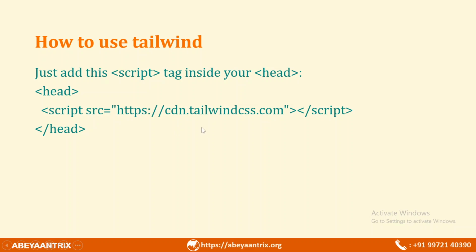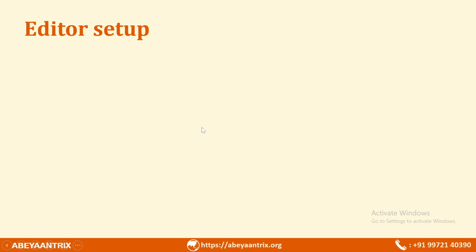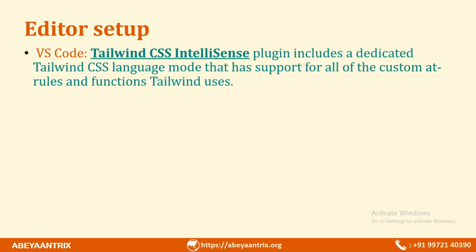Okay, so next is the editor setup. How are you going to set up Tailwind CSS? If you are using VS Code, you can use this part. For a better development experience, I recommend installing the Tailwind CSS IntelliSense plugin for VS Code.